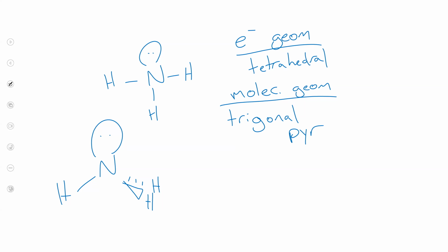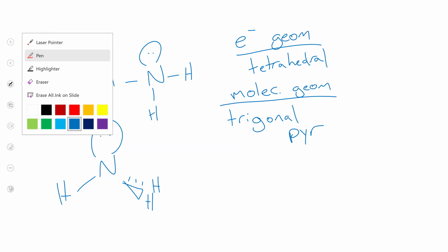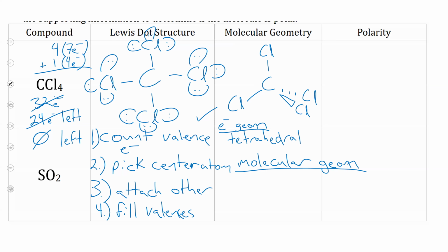If you don't memorize all of the electron geometries, you just have to be able to draw it with approximately the correct bond angles. As long as you can do that, you don't need to memorize their names. But you've got to pick one of those 2 routes. So in this case, because the carbon has 4 electron domains, the electron geometry is tetrahedral, and because each of those domains has an atom attached to it, we can see all of them, which means our molecular geometry is also tetrahedral.